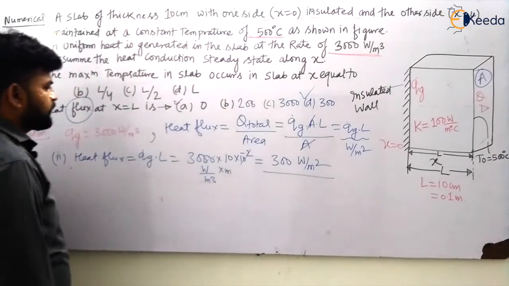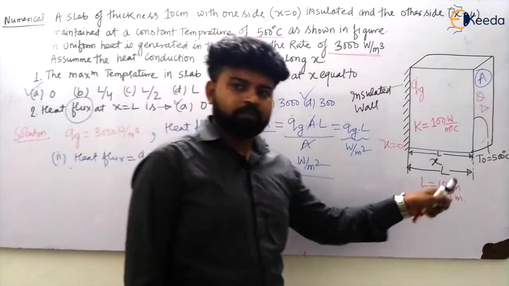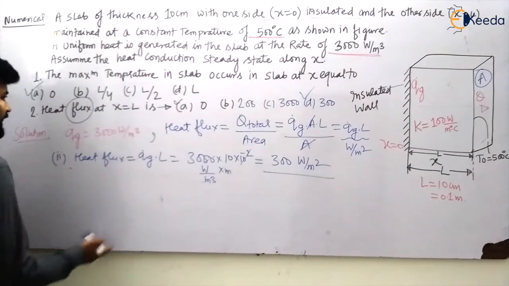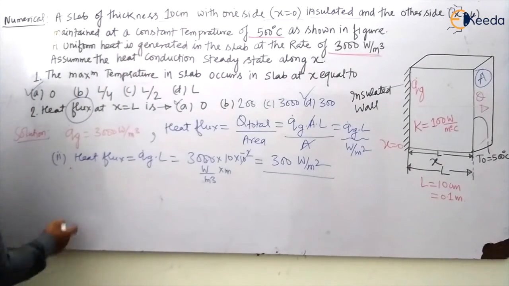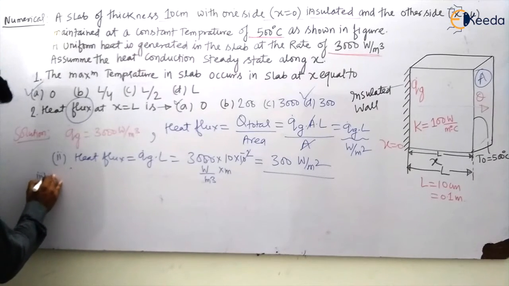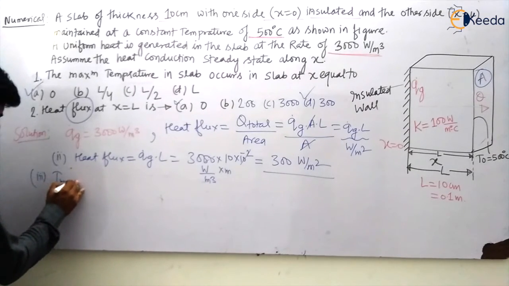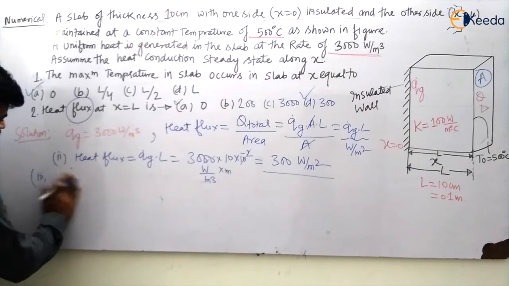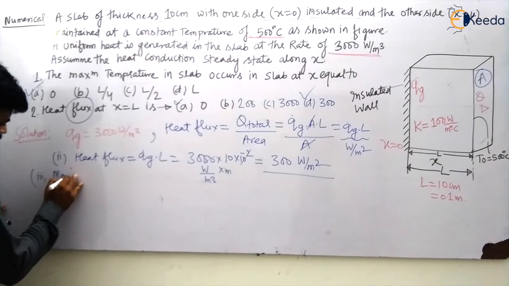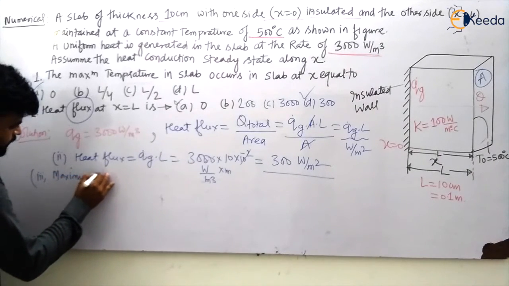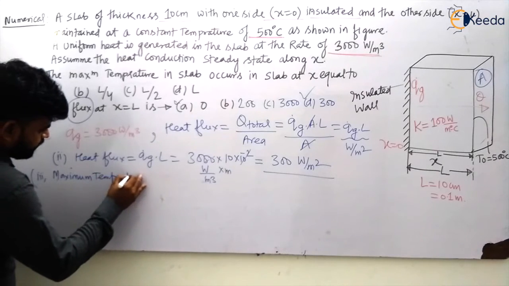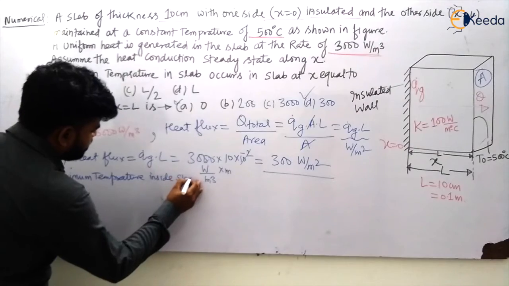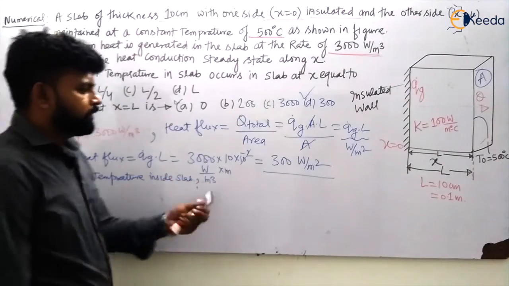Now let us see. I know the location. Can I calculate the maximum temperature in the slab? Yes, we can calculate it. I am extending the question a little bit so that more concepts will be clear. So third, let us calculate the maximum temperature inside the slab. Most of the students will not remember how to get it, but you can directly calculate.